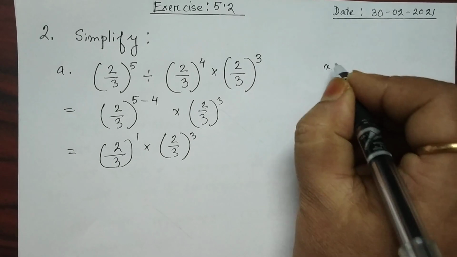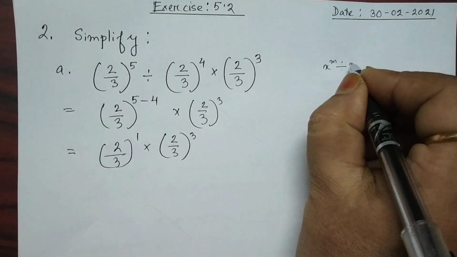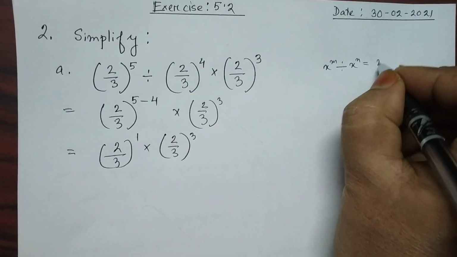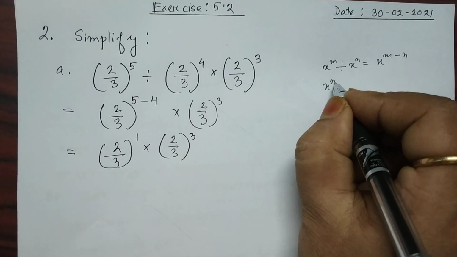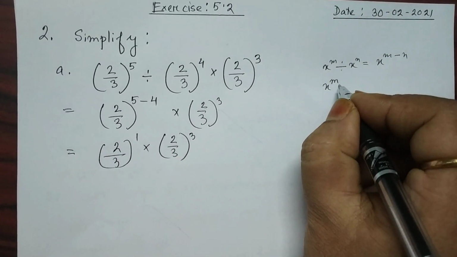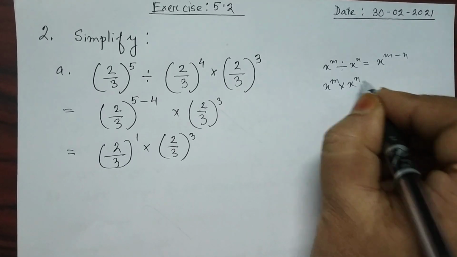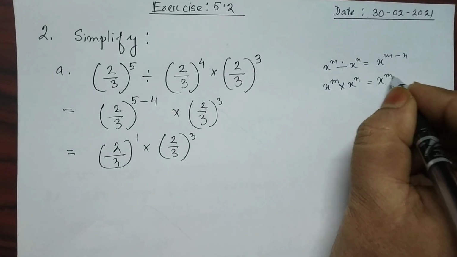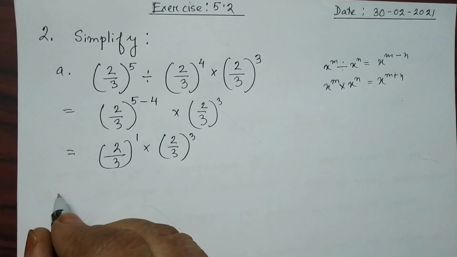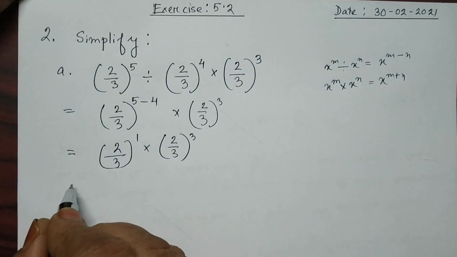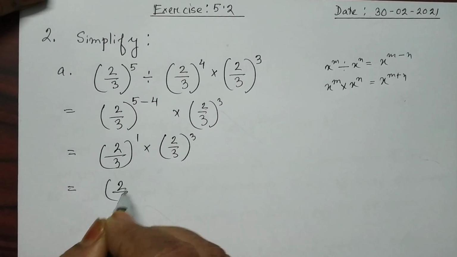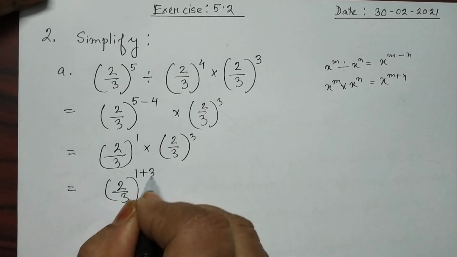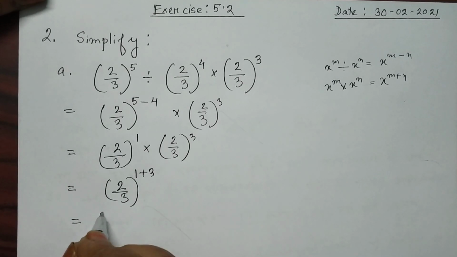First we use x^m divided by x^n is equal to x^(m-n), and secondly we will use x^m into x^n is equal to x^(m+n). Therefore this one is equal to (2/3)^(1+3), that means (2/3)^4.